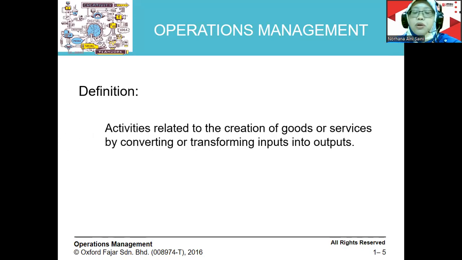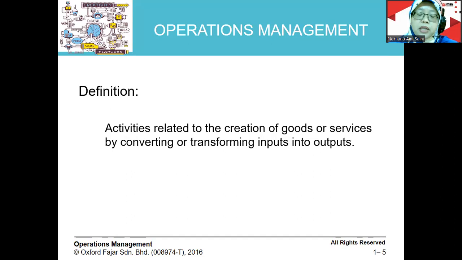When we talk about operation management, it means the activities related to the creation of goods and services by converting or transforming input into output. As we know, operation management is very essential to any kind of business, very critical and crucial.